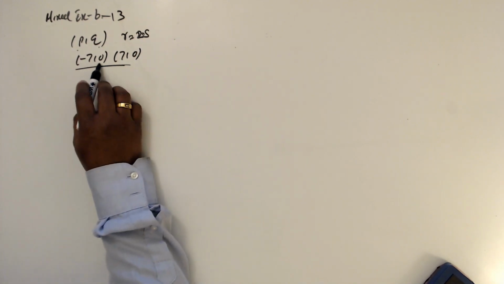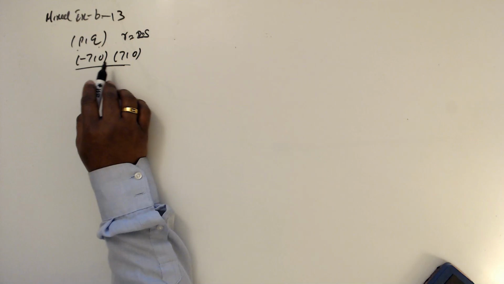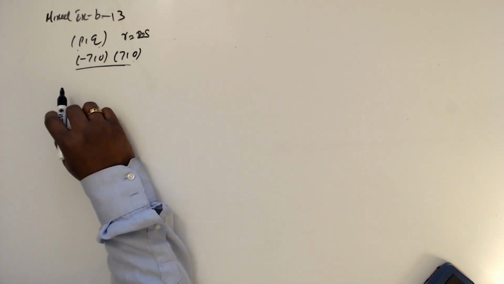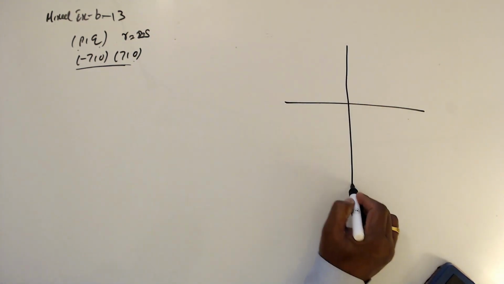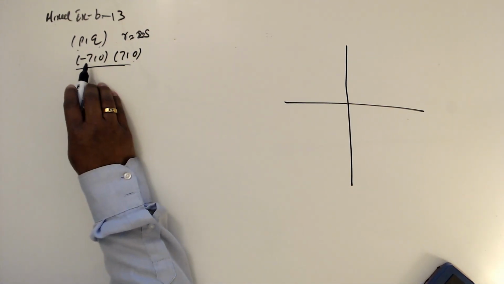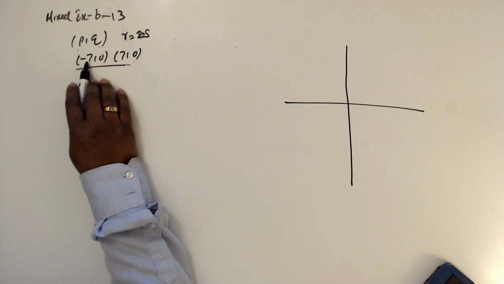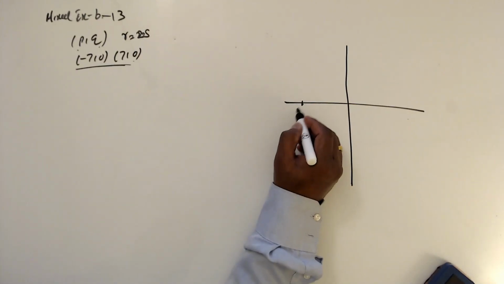When you look at these two coordinates, you can see that the y value is 0. It means they should be on the x-axis. And you can see also −7 and +7. It means the y-axis is going to be the symmetric line.